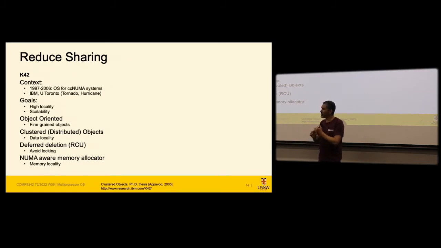Clustered objects or distributed objects, which improve data locality, making sure you access local non-shared data, and this idea of deferred deletion, essentially avoiding locking, which later became RCU, read-copy-update, adopted by most systems as one type of lock-free data structure. And then also NUMA-aware memory allocation, since this was for CC-NUMA machines, they were looking at memory locality and making sure things were allocated according to locality.